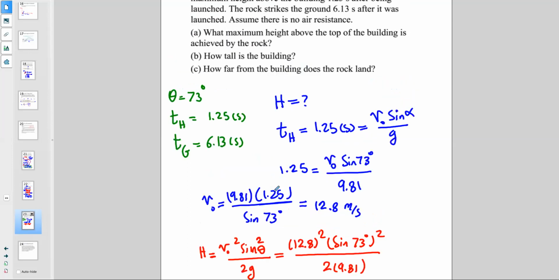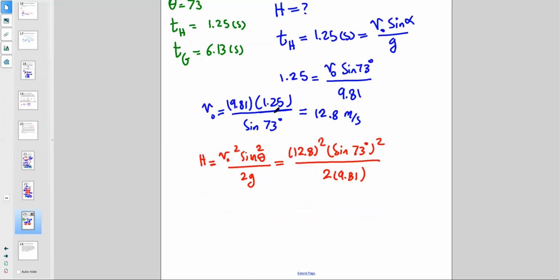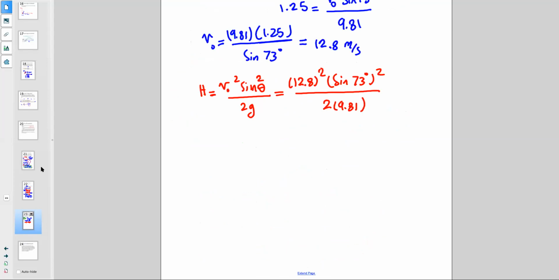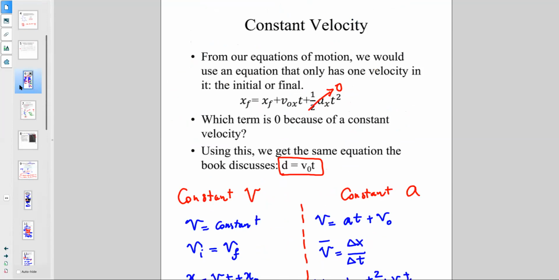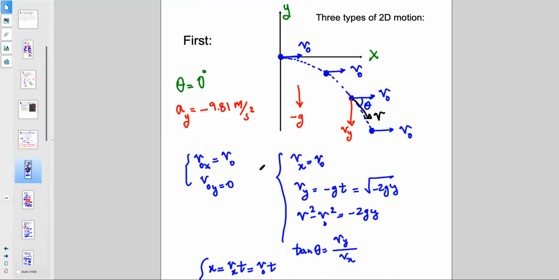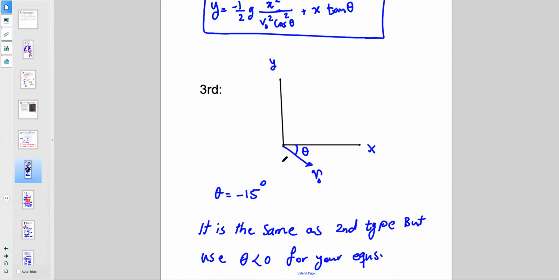Okay, now the next question is asking, how tall is the building? In other words, we are now dealing with type 3 of these. Once it goes all the way up and then comes back to the launch point, it is going down with a velocity of 12.8, but with a negative angle.